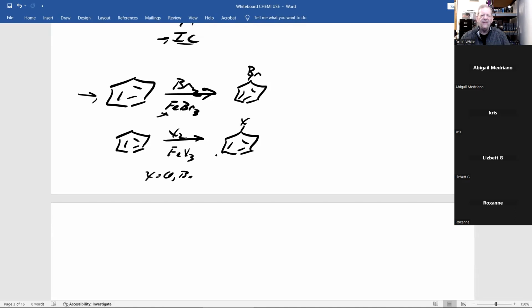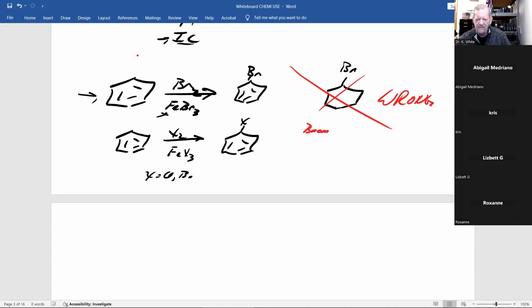Bromine. Now, watch closely. And here's where the student one semester lost a lot of points. This was her answer. This is bromocyclohexane, not bromobenzene.